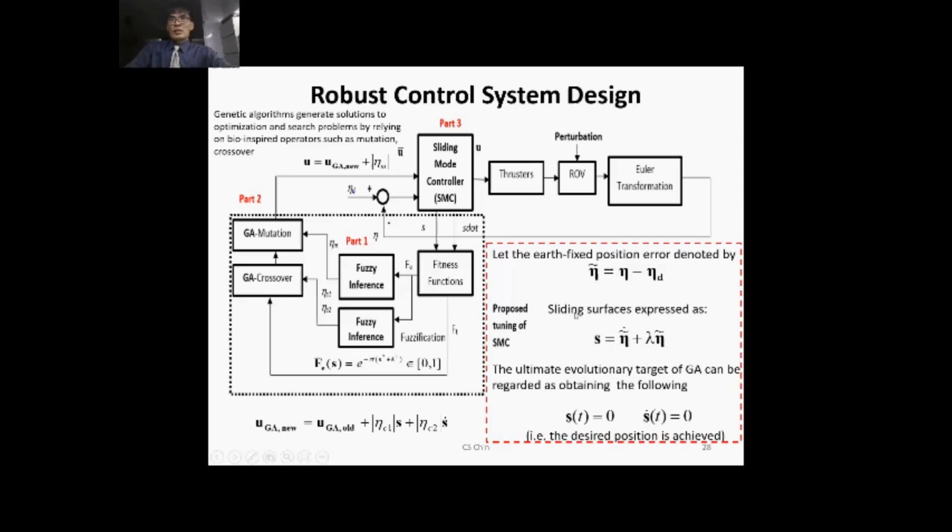Okay, this is basically the sliding surface, and what it does here is basically to check whether the sliding surface is equal to 0, meaning that the target or the desired position is achieved.